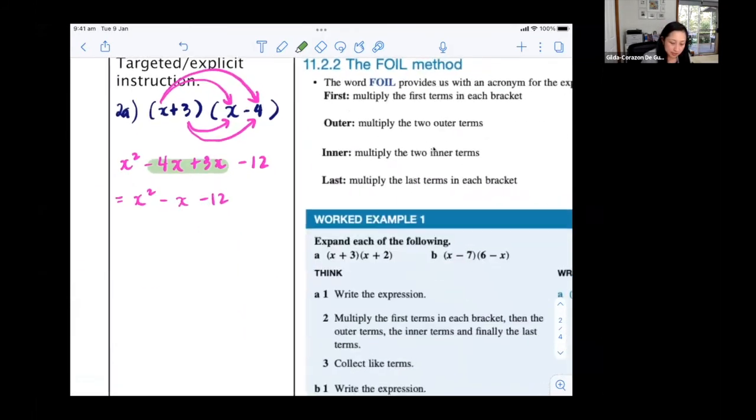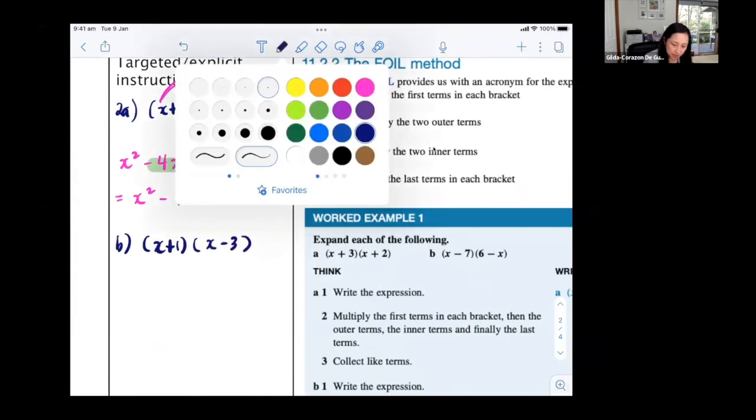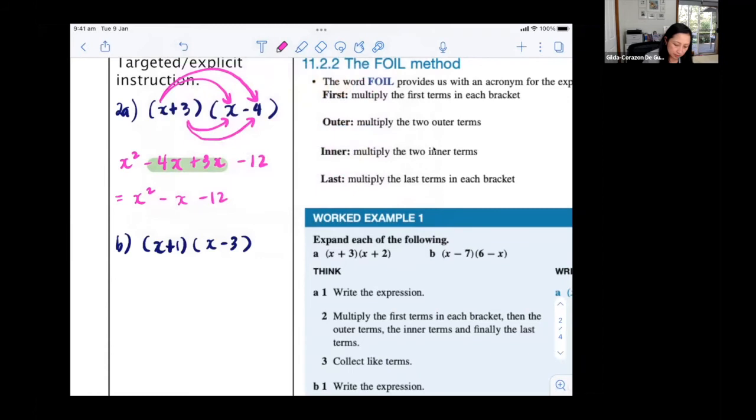We can do that with question B. Our question B was x plus 1, x minus 3. So again, FOIL method or parrot's beak, we go first terms, that's x squared.